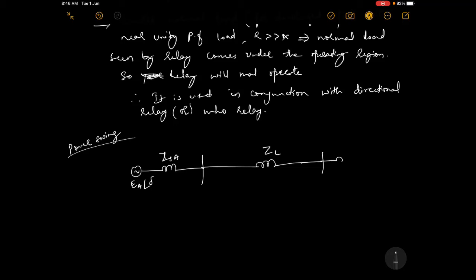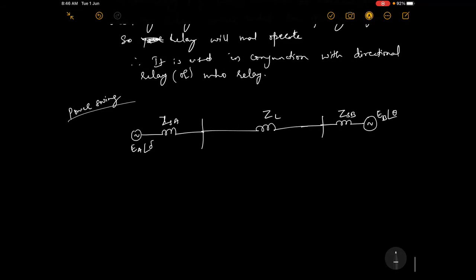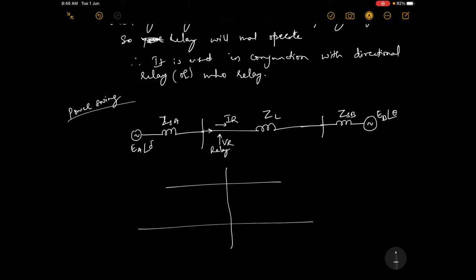And in a double fed system we have EB operating at an angle theta, and this is ZSB. We have seen this, and of course there is a relay here, taking IR, and it is also taking VR. So we have a relay here, and this is our characteristic. Yes, you got it, right?